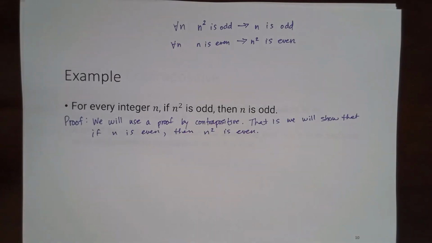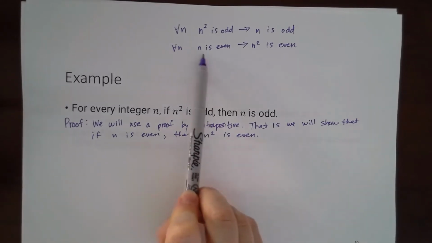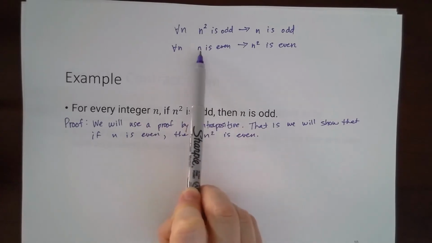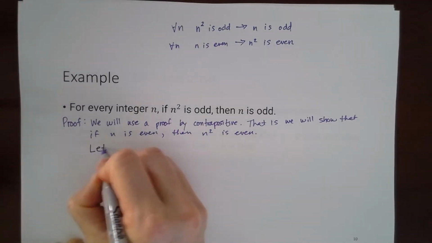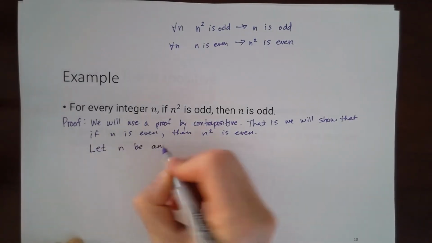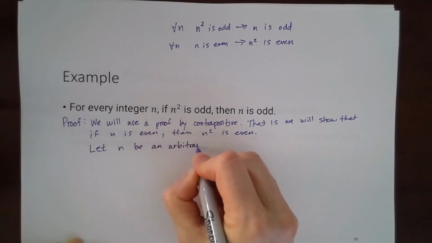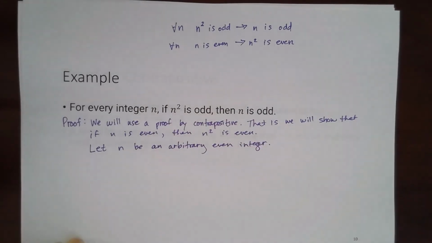At this point, we've got the statement of the contrapositive here, and we essentially just proceed like it's a direct proof of this contrapositive. So this is the hypothesis that we want to assert here, that n is even. So we say let n be an arbitrary even integer. And we've been here before.